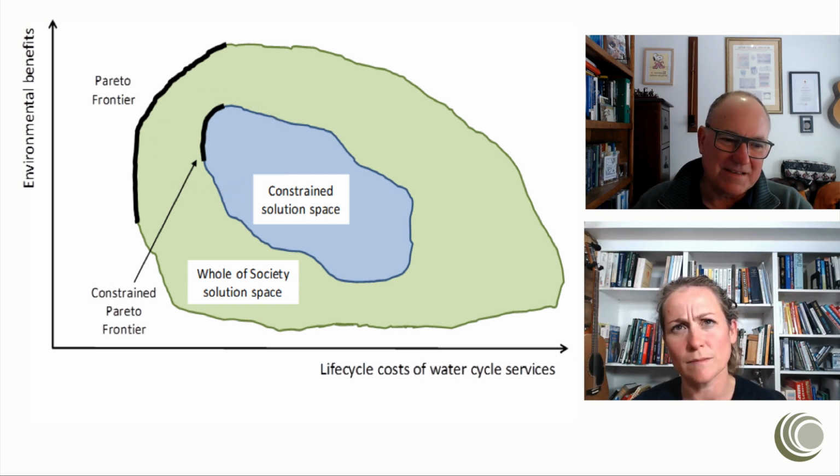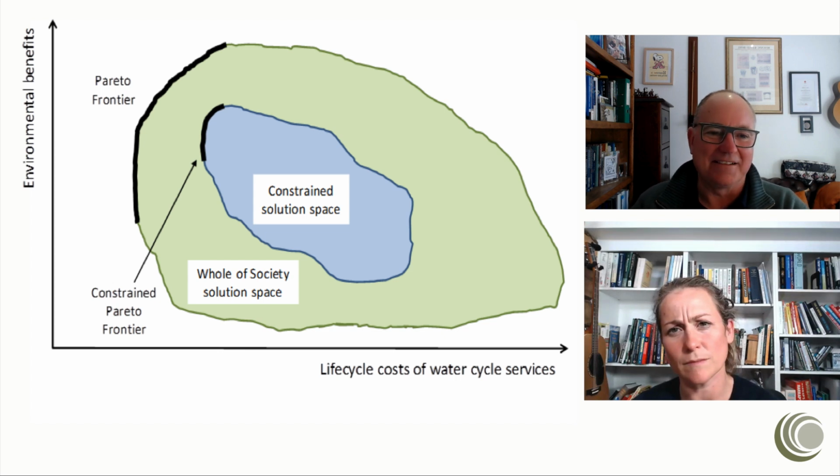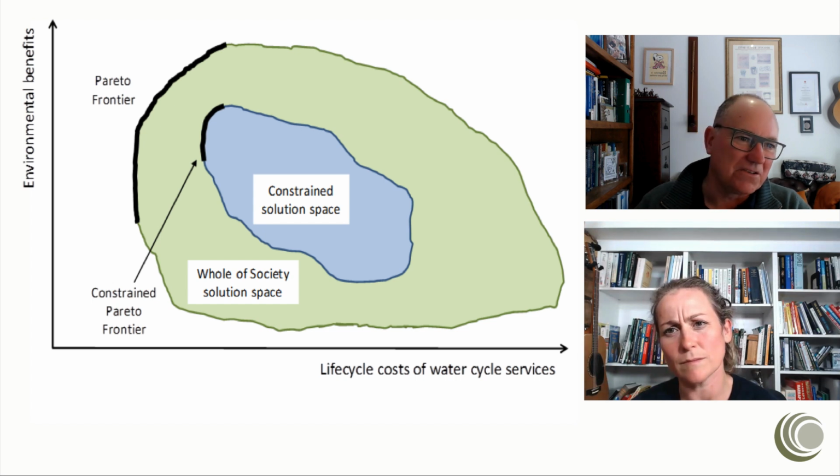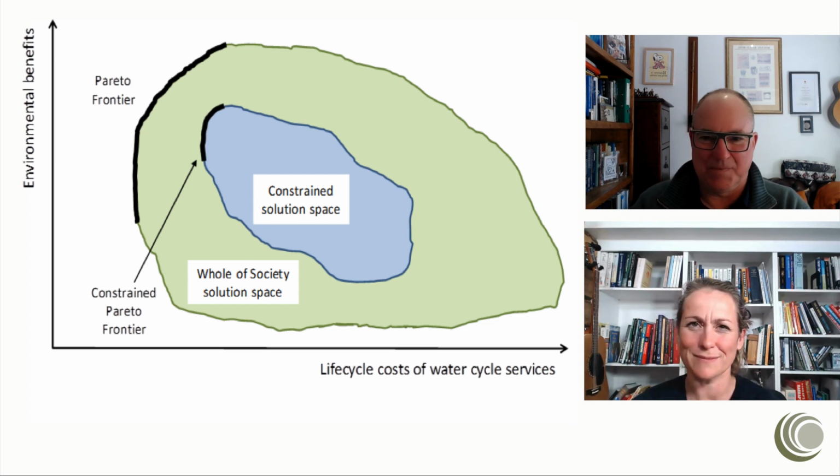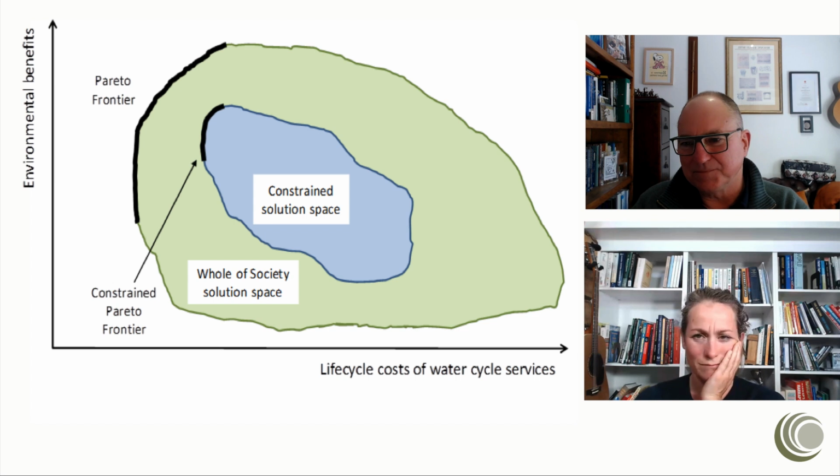The problem is all these other things are not counted. That's the green part of it. So we're not getting the best cost or environmental answers because we're not considering the entire system. So when we take a systems perspective, we're saying there's no one best solution.